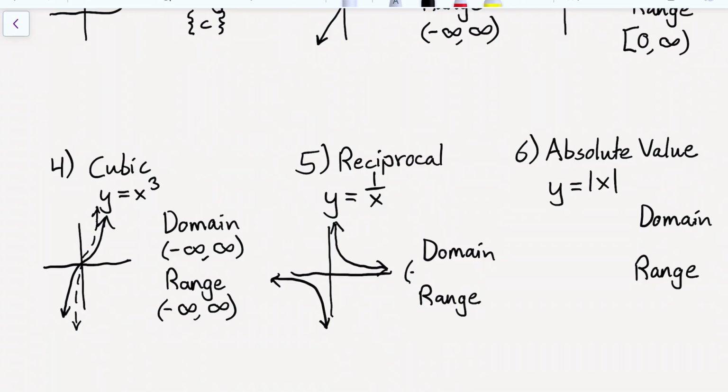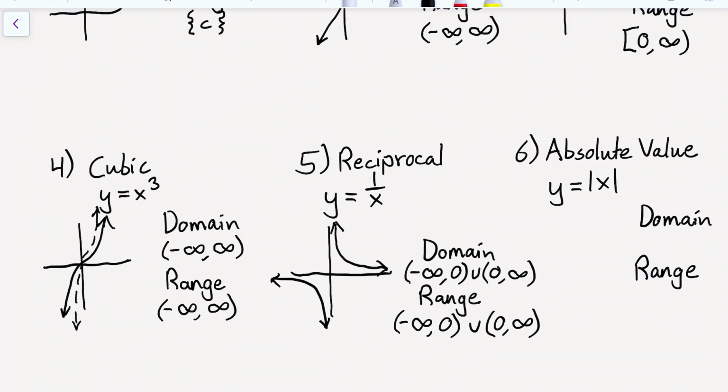So the domain and range of this graph are somewhat unique. The domain is from negative infinity to 0, union 0 to infinity, and the range is also from negative infinity to 0, union 0 to infinity. Basically it jumps over the point 0 because the x and y values never equal 0.